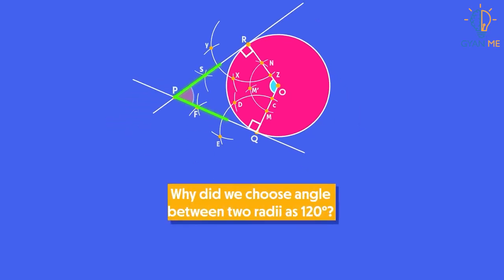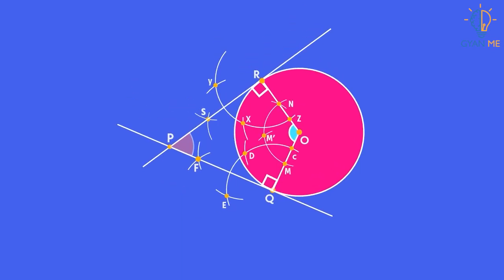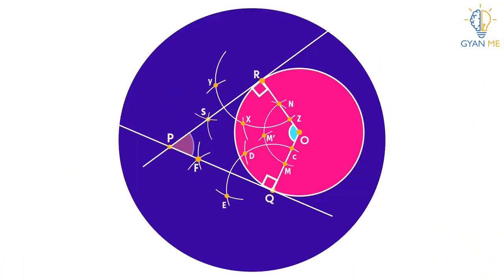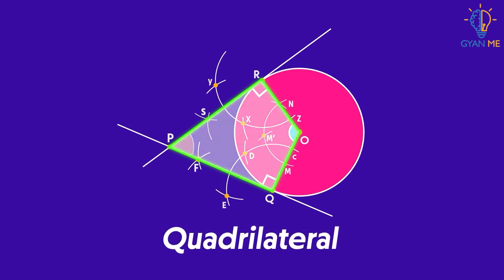Now the question is, why did we choose the angle between two radii as 120 for the construction? It is because we wanted tangents that made a 60-degree angle with each other. Confused? Let us understand it. On observing the figure, we find that two tangents and two radii make a quadrilateral.